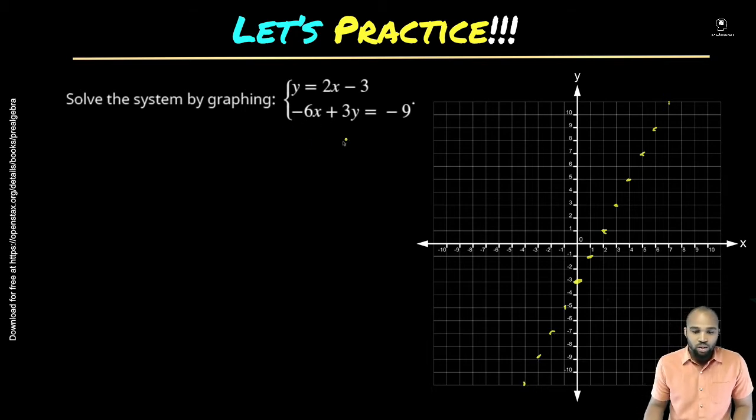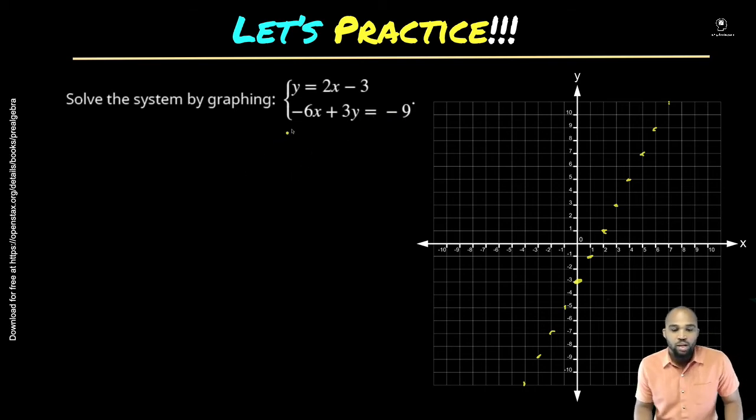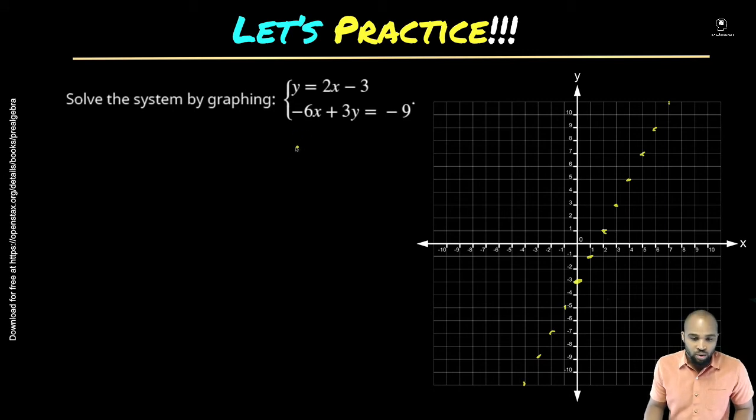Now what about this one here? This 6 and 3 aren't factors of 9, so I'm just going to put this in slope-intercept form. Plus it's going to help to see if the slopes are the same since we're in that discussion. So let's rewrite this one. I'll use blue. Negative 6x plus 3y equals negative 9. I want to get my y by itself, so I'm going to add 6x to both sides.